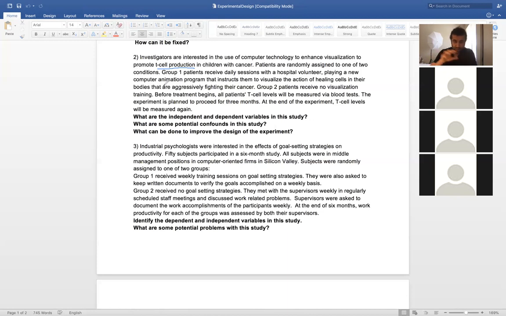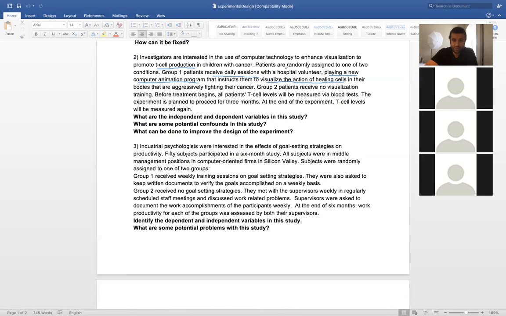And what is it that we are trying to do in order to measure this T cell production? So group 1 patients receive daily sessions with a hospital volunteer. Doing what? Playing a new computer animation program that instructs them to visualize the action of healing cells.